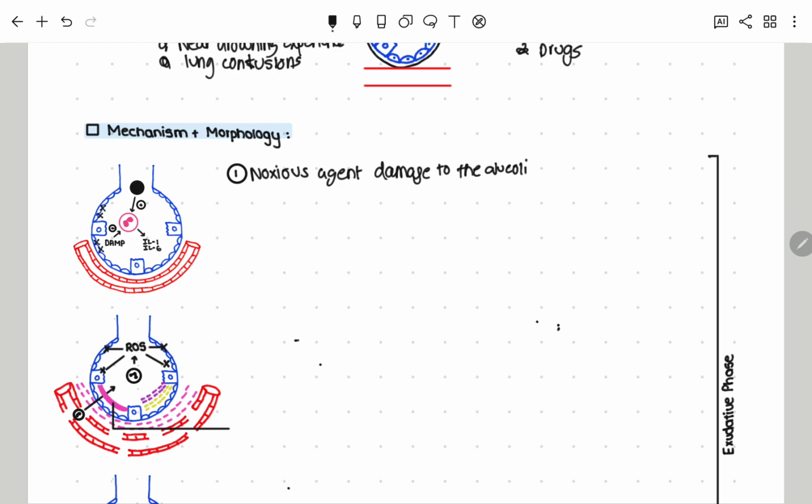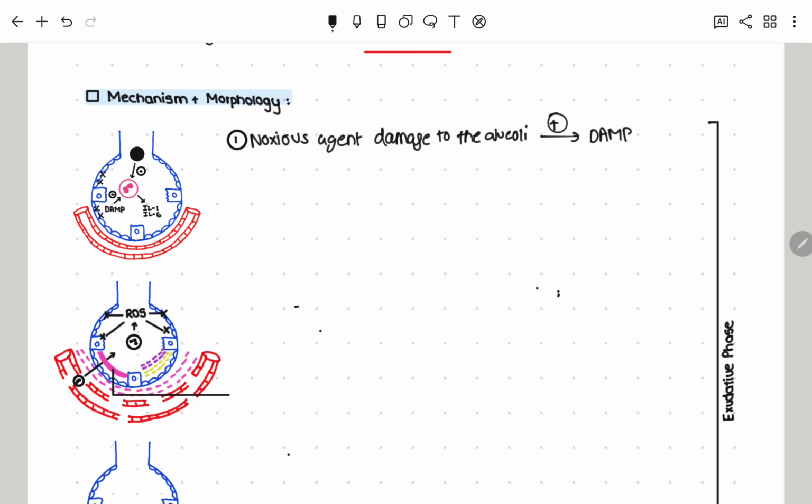And because you have damage to the alveoli, you have a release of what we call damage associated molecular patterns, DAMP for short. So, noxious agent resulting in damage to the alveoli results in the release of DAMP.